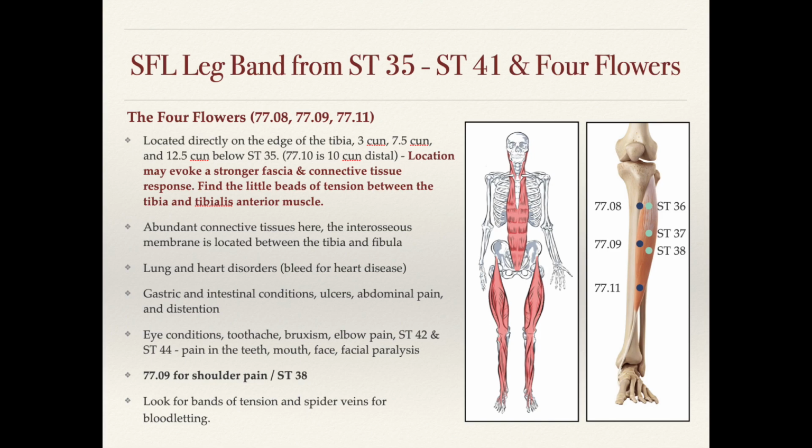So by understanding these myofascial lines and what muscles and what points are on these lines, we can start to develop a better basis for understanding how acupuncture can affect distant areas of the body, because we do notice in traditional ways of thinking, as well as in a modern scientific way of thinking, that when we insert an acupuncture needle, it's going to cause chi propagation, as well as changes in the mechanical forces and in the connective tissues.